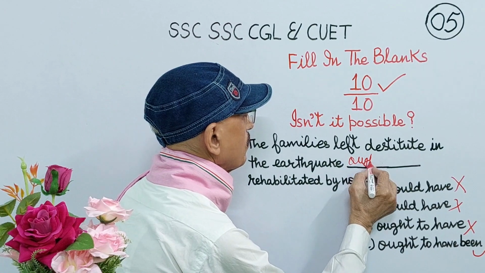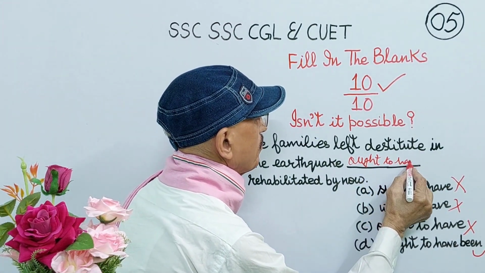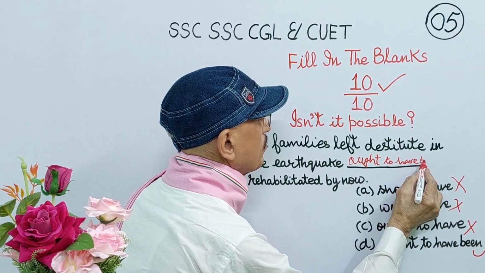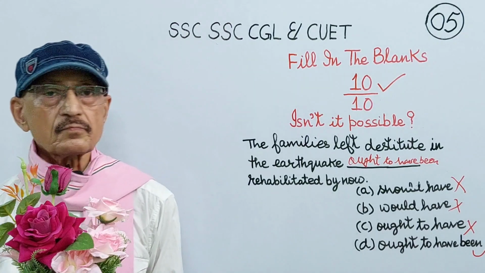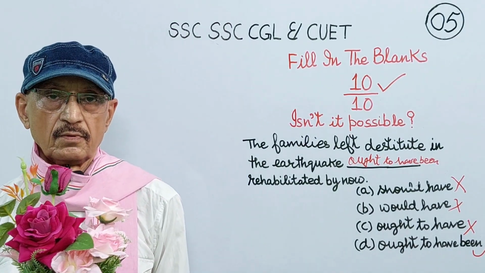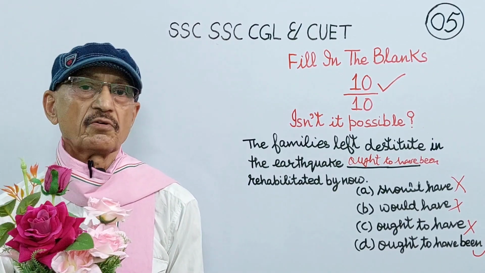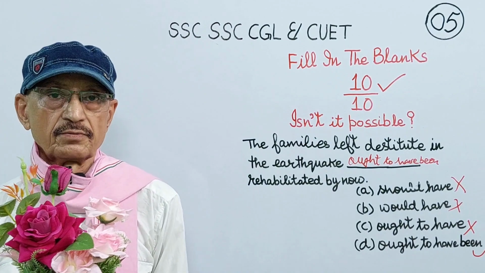Ought to have been. Ought to is a modal verb. It gives a sense of moral duty or moral responsibility.